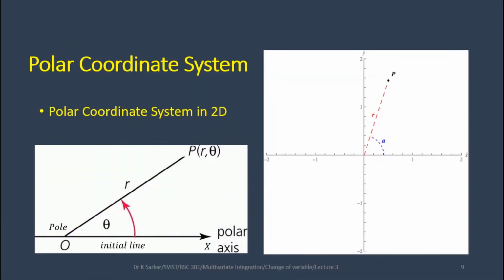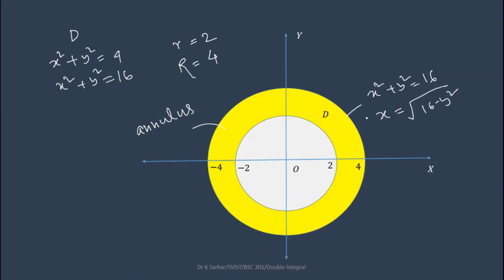Now look here, in polar coordinate system, this theta, this one is alpha here, it's increasing from 0 to 2 pi. So the limits for theta will be 0 to 2 pi and the values of r will be 2 to 4.